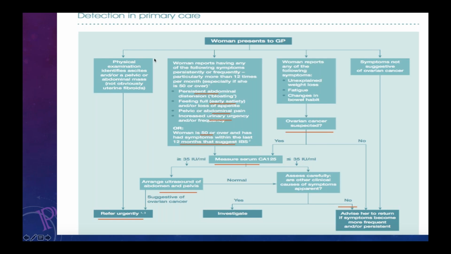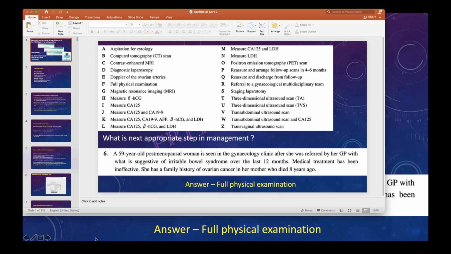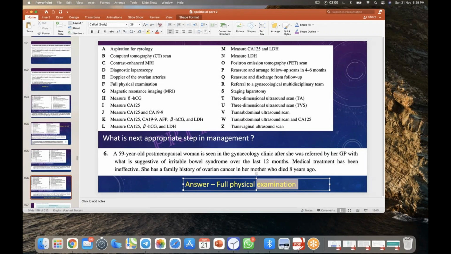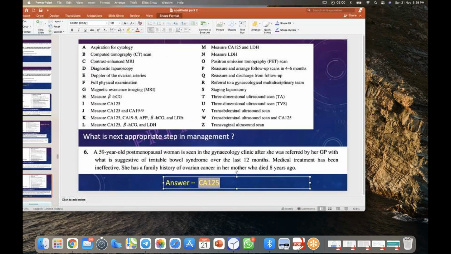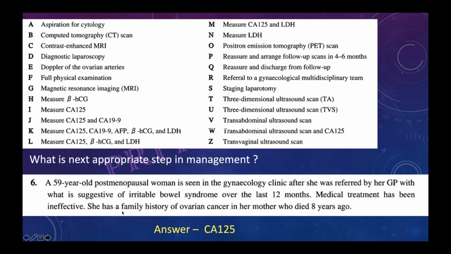So instead of physical examination, in my opinion, although the book writes physical examination, it should be CA 125 according to this flow chart. What do you guys think? In my opinion, it will not be full physical examination. It will be CA 125 if we follow this chart.